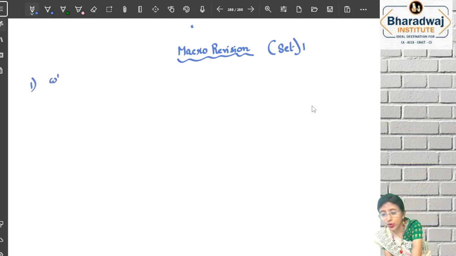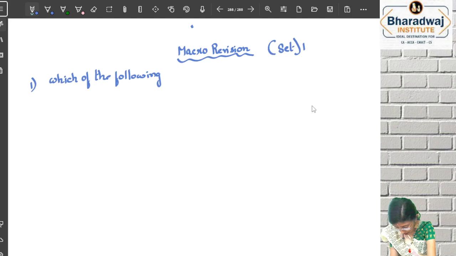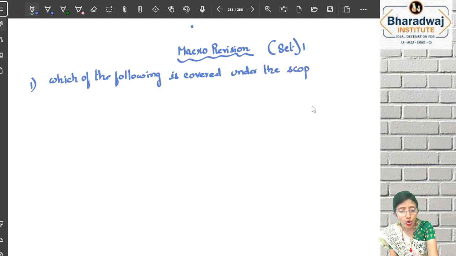Which of the following is covered under the scope of public finance?